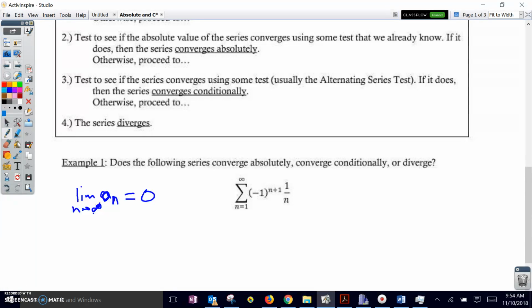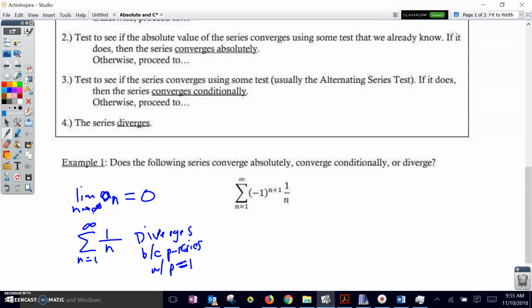Next, I test and see, does the absolute value of this series converge or diverge? If it converges, then the alternating series that we're looking at converges absolutely. In this case, though, the sum from 1 to infinity of 1 over n diverges because it's a p-series with p equal to 1.